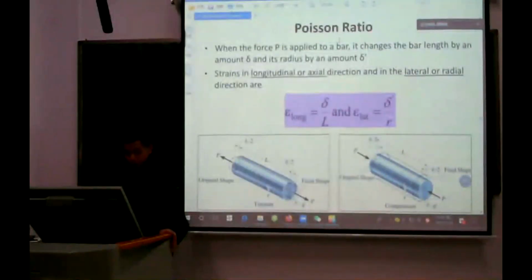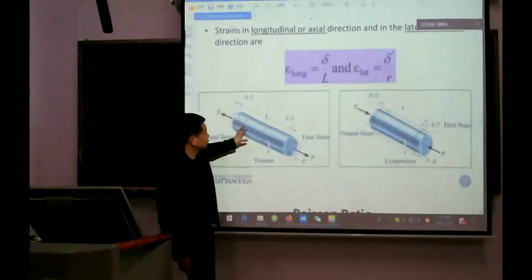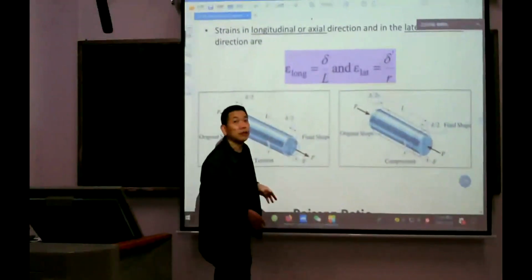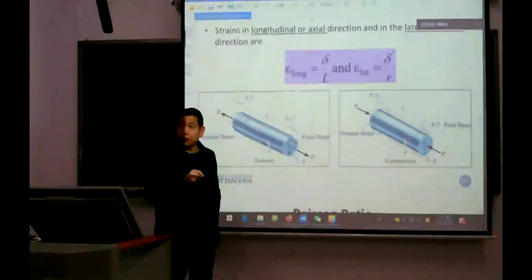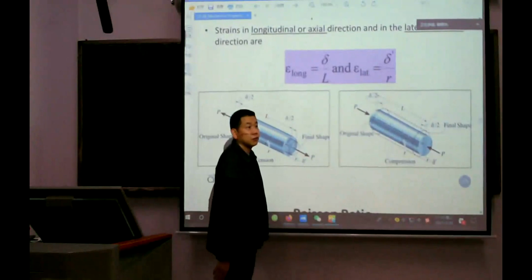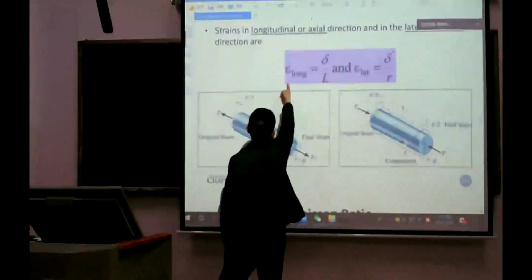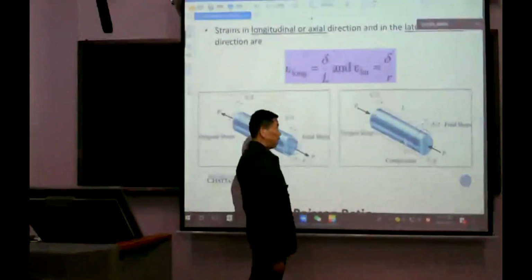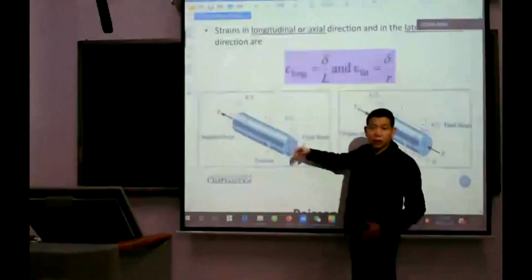Poisson ratio. When a rod is in tension, the length will be longer. Yes or not? The length will be longer. We can get a strain in its longitudinal direction. At the same time, the diameter will contract.